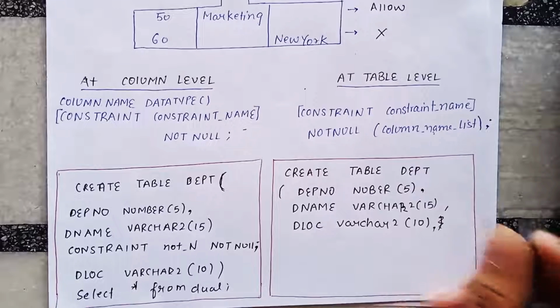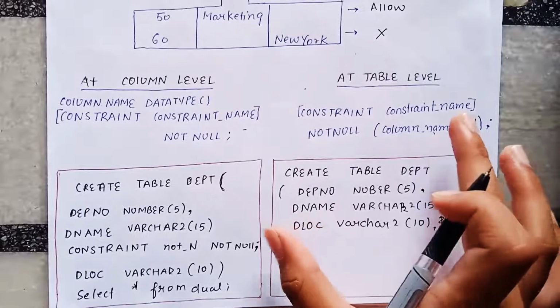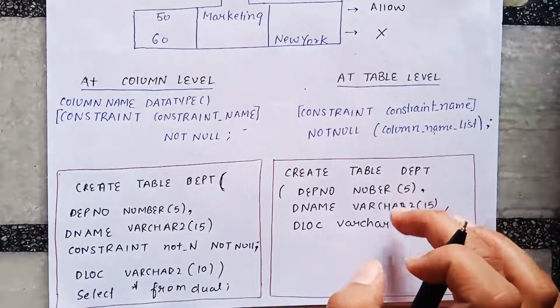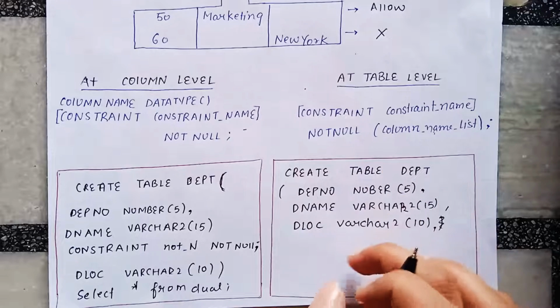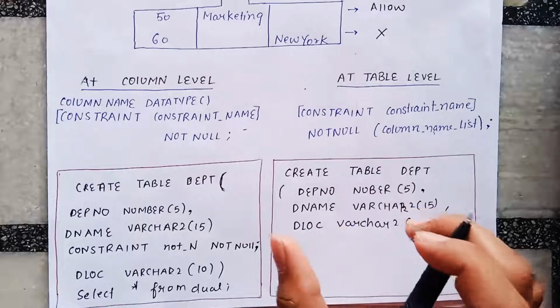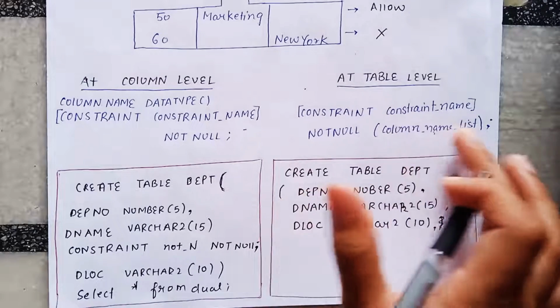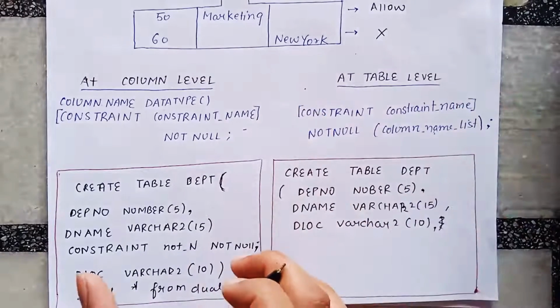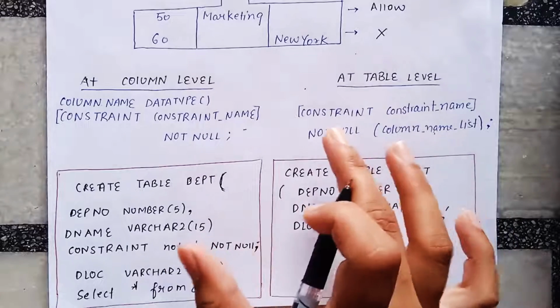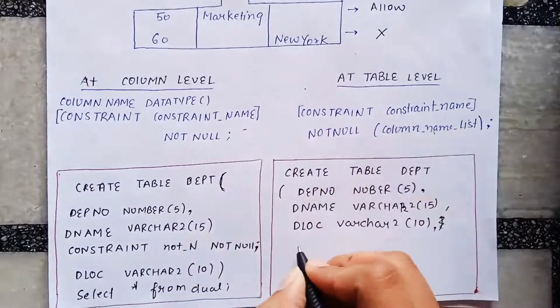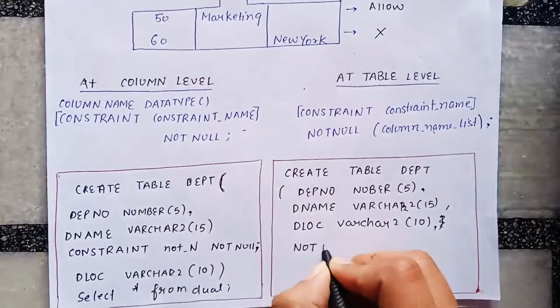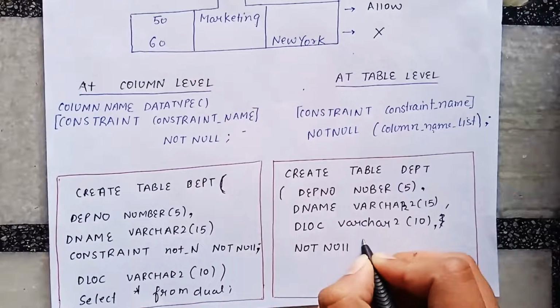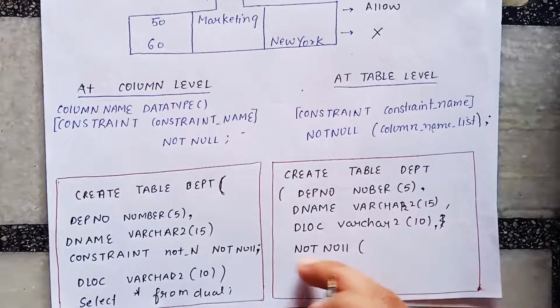As I told you, at table level firstly we specify all the columns, and at the end of the table we specify the constraints that we want to apply with respect to the column list. This is again optional in this case, so I will not apply this, I will just simply write this. This constraint, like not null, and the column list on which we want to apply this not null constraint.